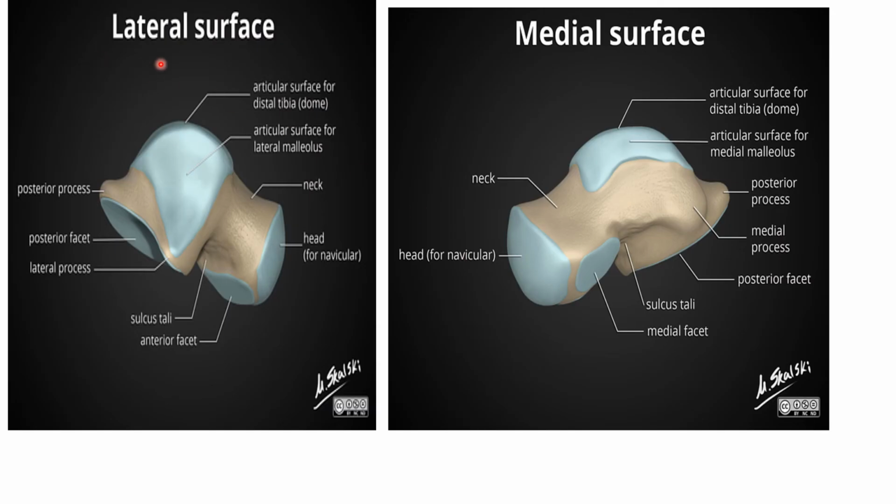Lateral surface and the medial surface. The lateral surface, I told you, bears a large triangular facet, while the medial surface bears a comma-shaped surface. The lateral surface's triangular facet articulates with the lateral malleolus of the fibula.